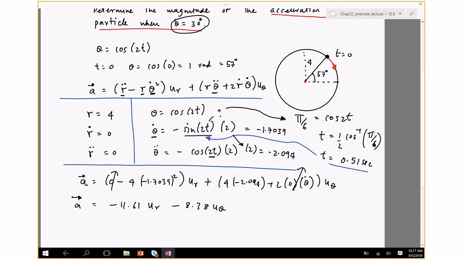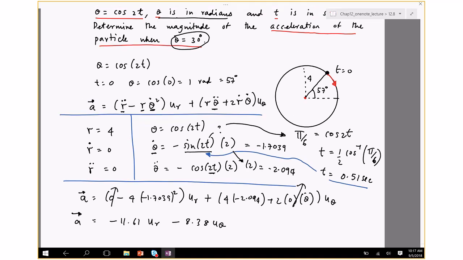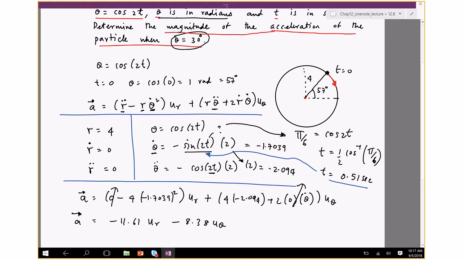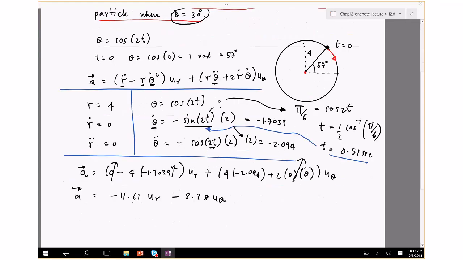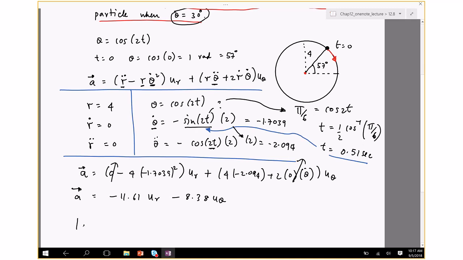However, you're asked to find the magnitude of the acceleration. So you want to find a scalar. The magnitude of acceleration is the square root of the sum of squares of the r component and the theta component.